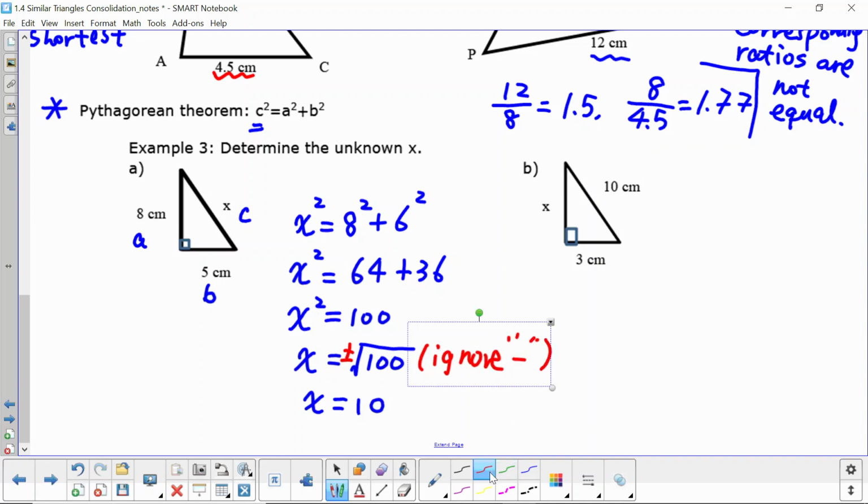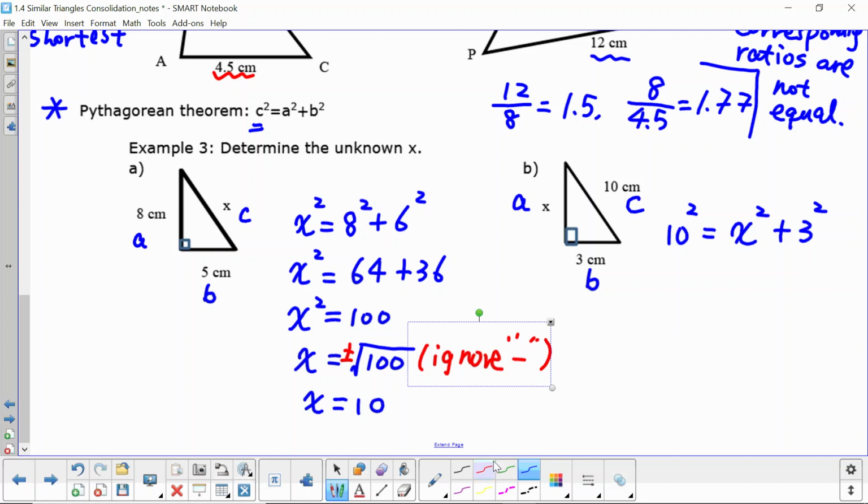So we do the same thing: C equals A squared plus B squared. C is always the longest side. You could switch A and B, it doesn't matter. Then we sub in, you will have 10 squared equals x squared plus 3 squared.